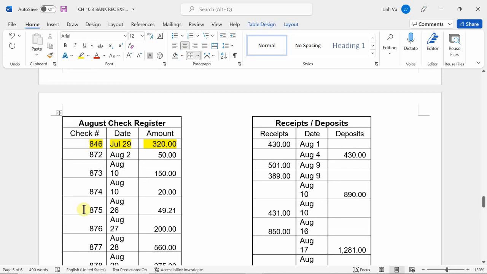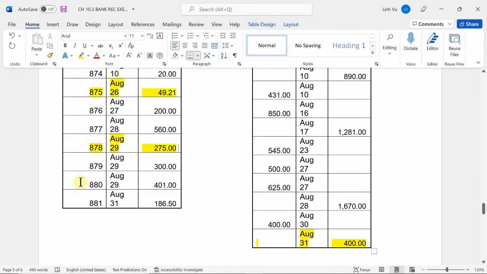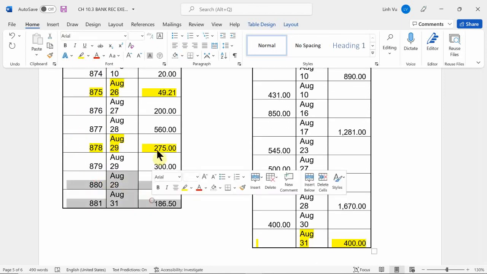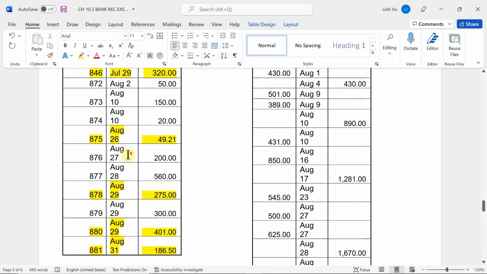You're missing 5, right? You're missing the 8. Yes, and 880, 881. Okay, so those are the 5 checks that you need to put into your table.